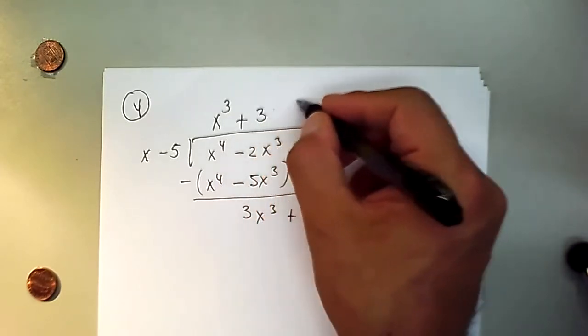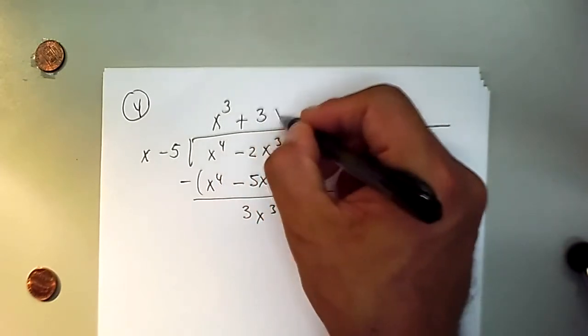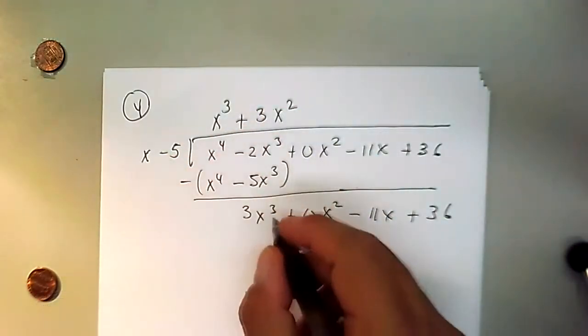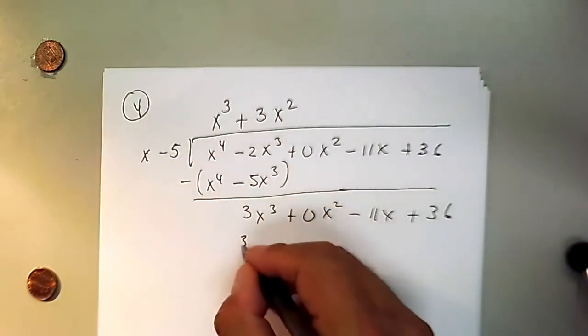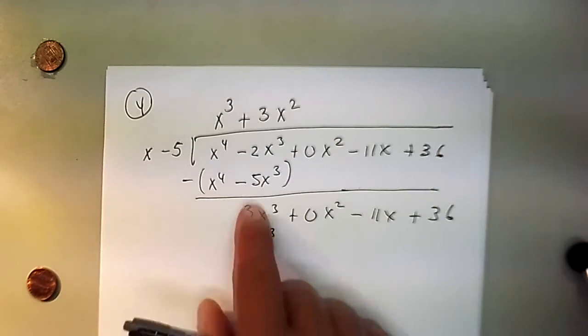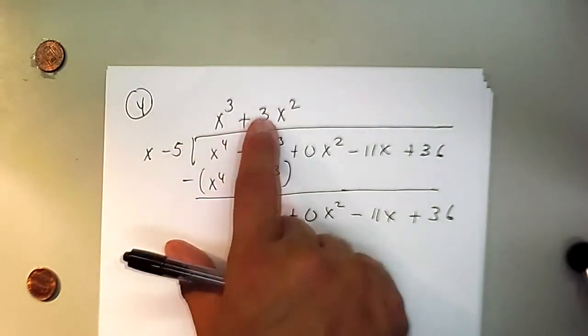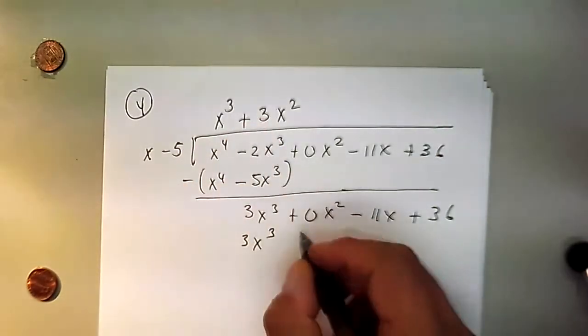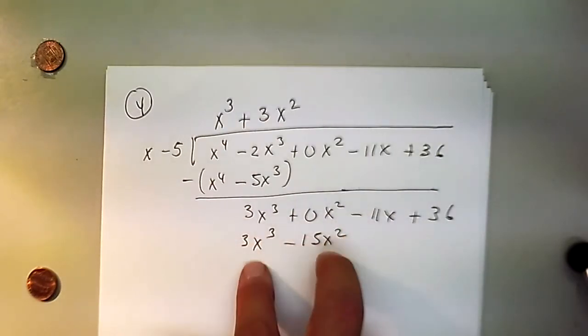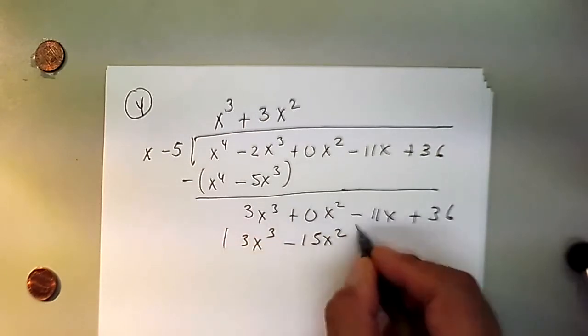3, so that's a cube. So we need an x squared. 3x squared times x is 3x cubed as desired, so that when we subtract, they go away. But then there is another step here. 3 and 5 is 15, negative 15x squared. And that's it. There's only 2. We subtract.